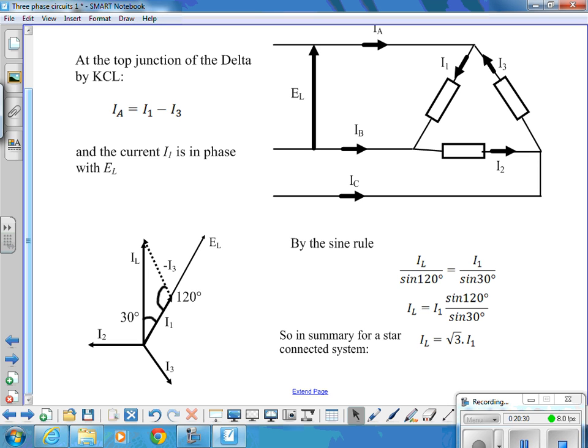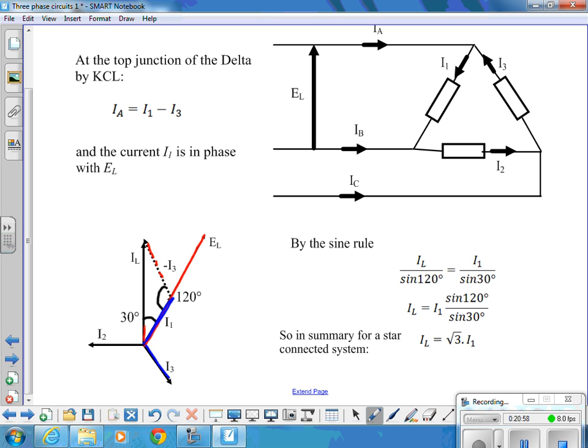So I've got EL up here showing that current I1 is in phase with it there. Here's I3 down here, and there's minus I3, this dotted line in here. So we've gone plus I1, minus I3.